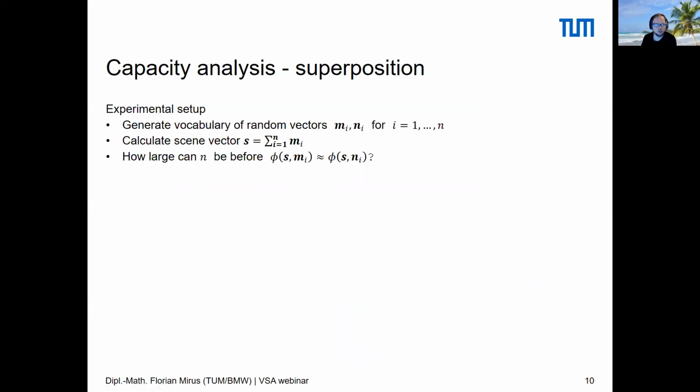So first of all, I looked at simple superposition, and therefore I generated a random vocabulary with member vectors m_i and n non-member vectors n_i, and calculate the scene vector, simply summing up the member vectors. And then the question is, how large can the number of those vectors become before the similarity between the scene vector and the members is not distinguishable anymore from the non-members.